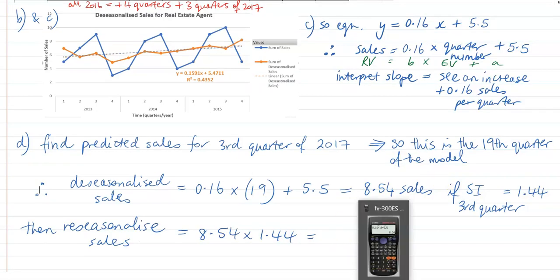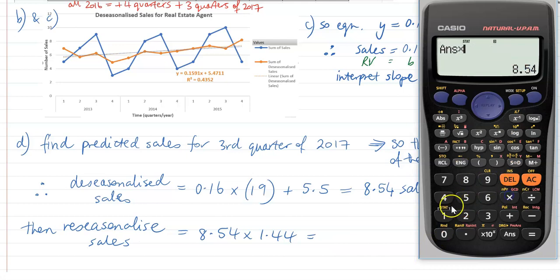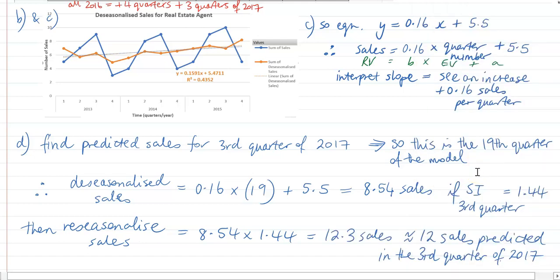Okay, so if I go and plug that in, I get a predicted sales value of 12.29 sales. I can't have 0.29 of sales, so I round that down to 12 sales predicted in the third quarter of 2017. So I would finish documenting that off.